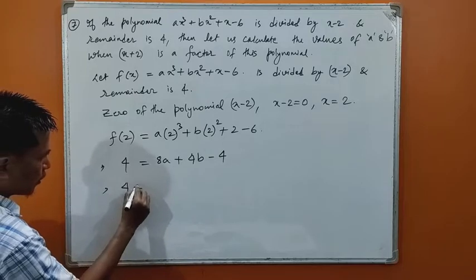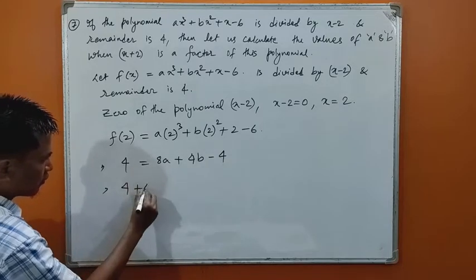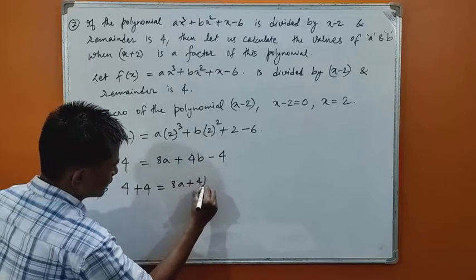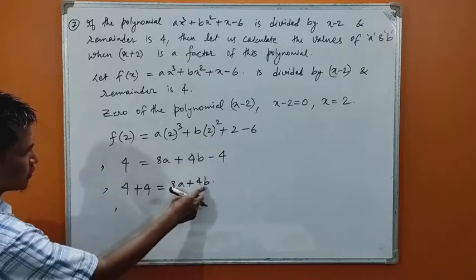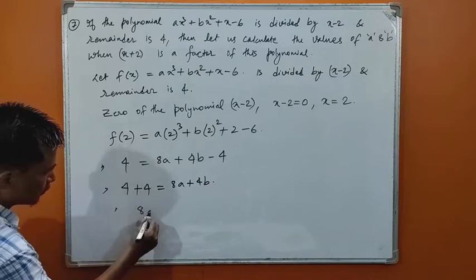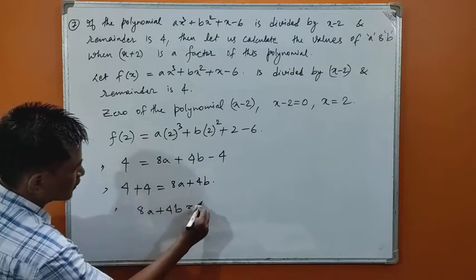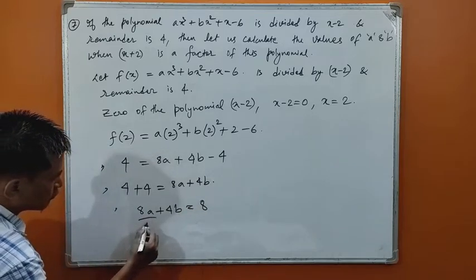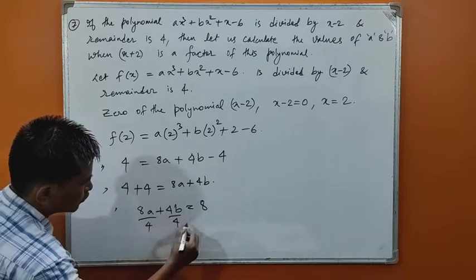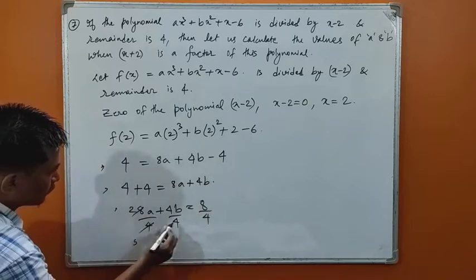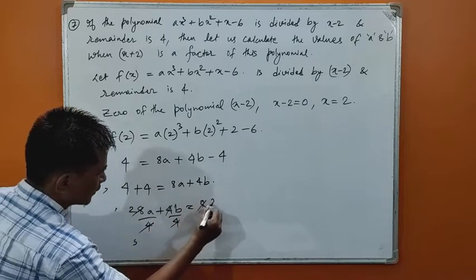4 plus 4, minus 4 becomes plus 4, equals to 8a plus 4b, isn't it? Or let's bring all together 8a plus 4b to the left hand side. 8a plus 4b equals to 4 plus 4 is 8. Let's divide throughout the equation by 4 to reduce the numbers: 4 1s are 4, 4 2s are 8, 4 and 4 cancels out, 4 2s are 8, isn't it?